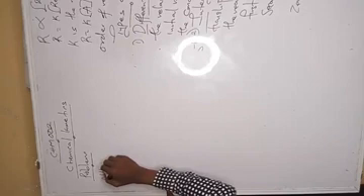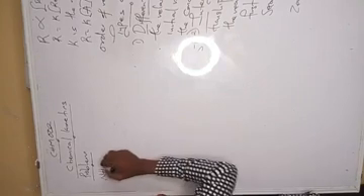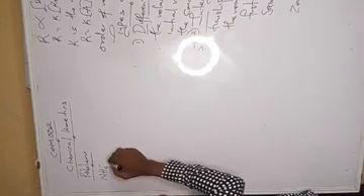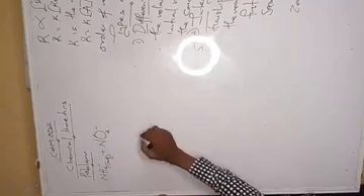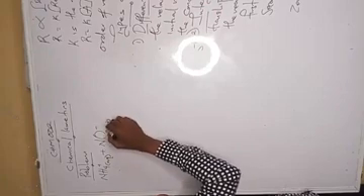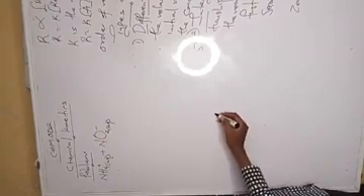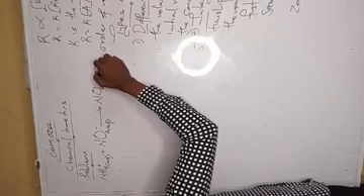Okay, let's see. Given this question: NH4+ (aq) plus NO2- (aq) gives the product N2 gas plus 2H2O.